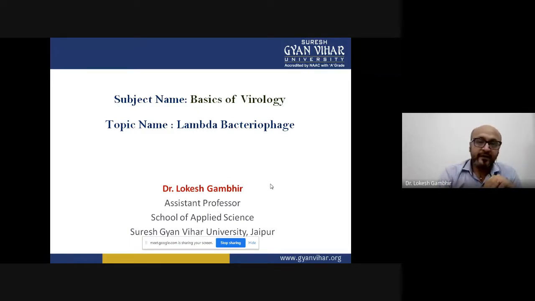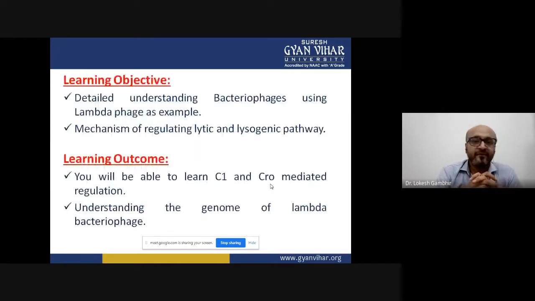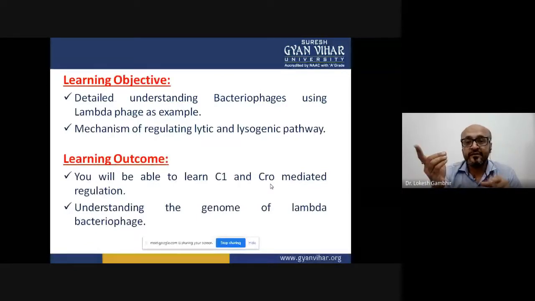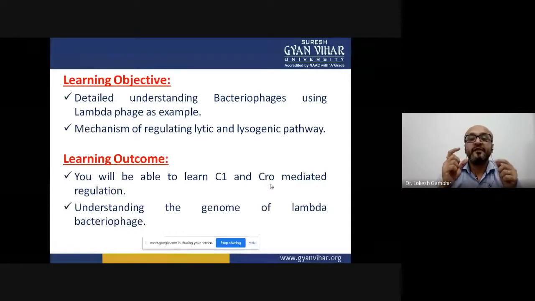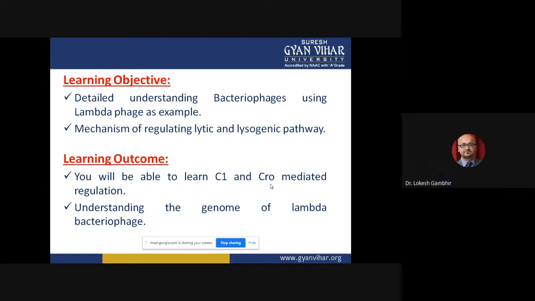In this particular lecture, we will not be touching the details of recombinant DNA technology, because we are talking about the basics of virology. So we will first understand what bacteriophages are in layman's terms, since this is the start of the basics of virology course, not an advanced part.